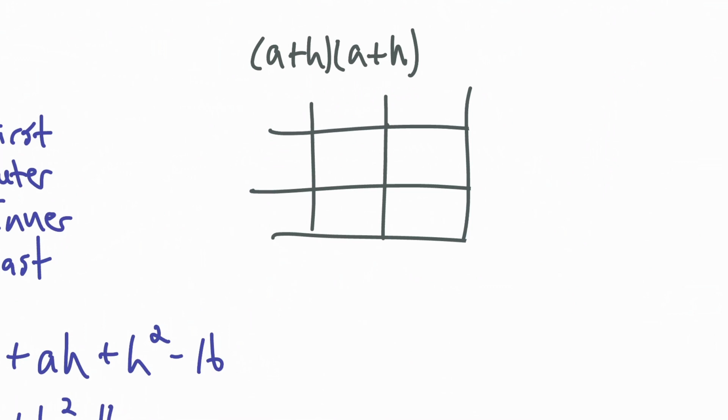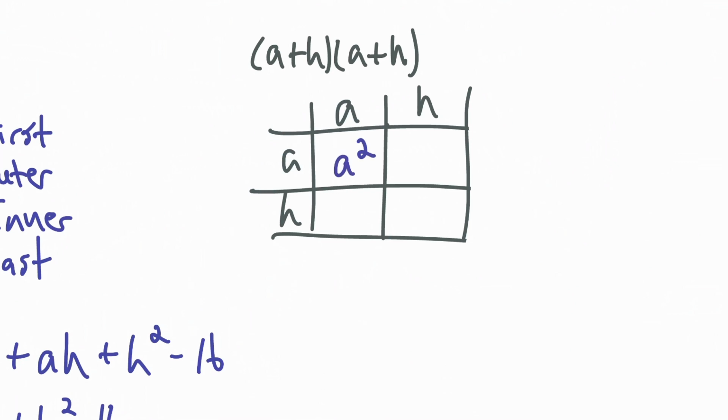So what you do is, along the top, you put the second factor, okay? And along the side, you put the first factor. It doesn't really matter which goes on the side, which goes on the top. You just pick something and go with it. In this case, they're identical, so it really doesn't matter. Then in each box, you look at what's above it and what's next to it, and you multiply them together. So a times a is a squared.